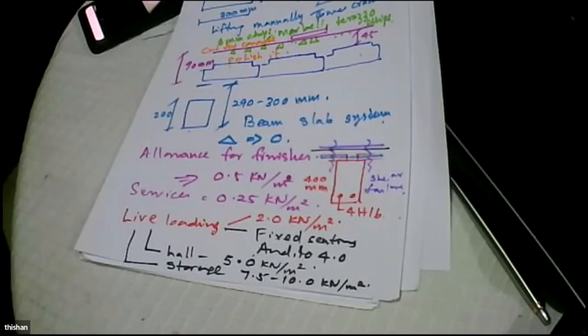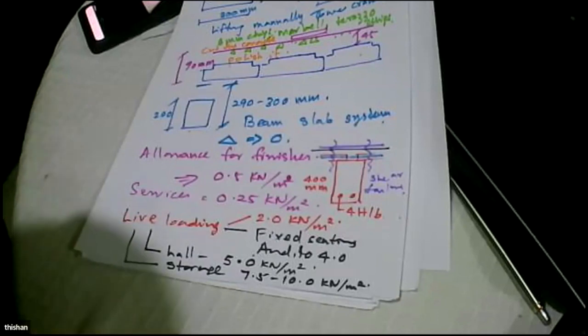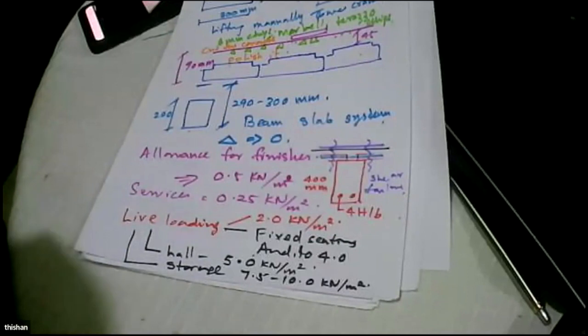It's a long calculation, but very clearly explained in that book. If you spend about half an hour, you can understand the logic behind the whole calculation. It's not a difficult calculation, it's slightly long, but you can easily understand if you know how to draw a bending moment diagram for an element.